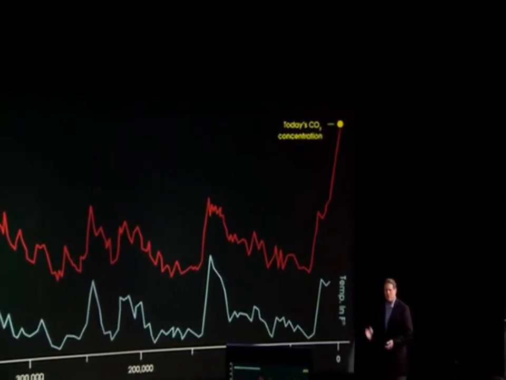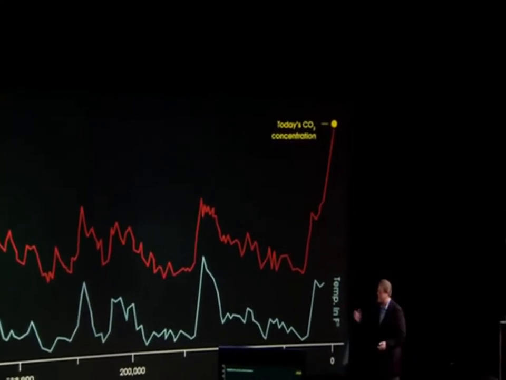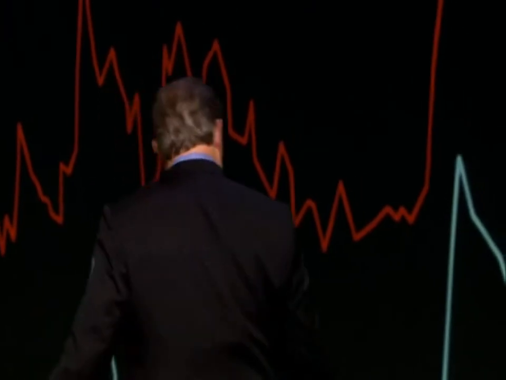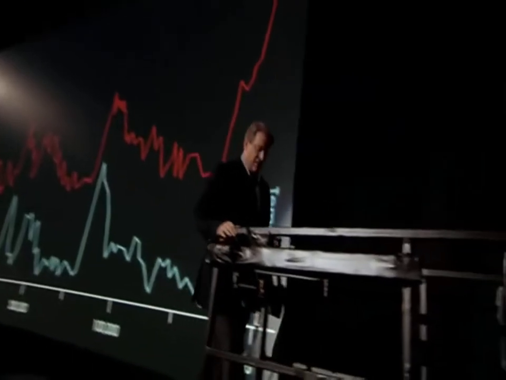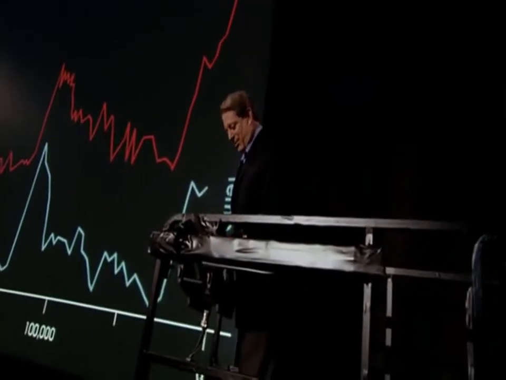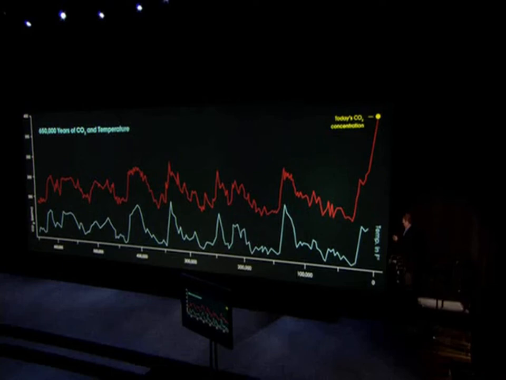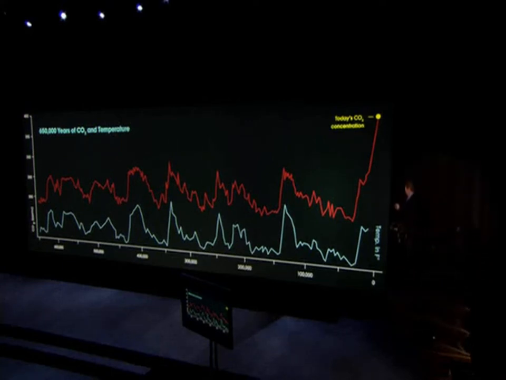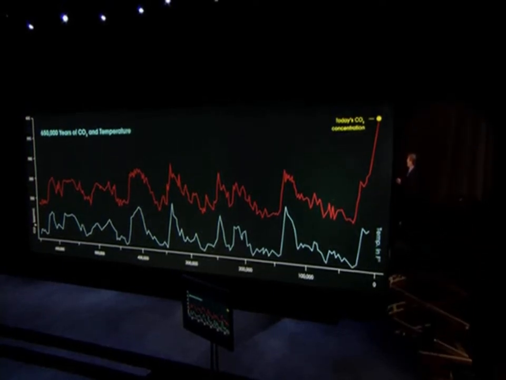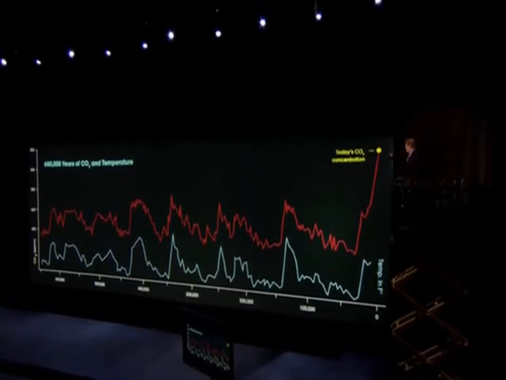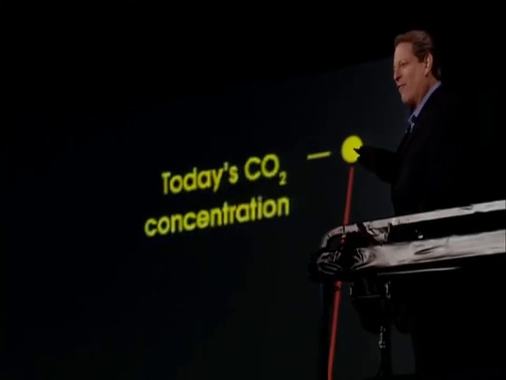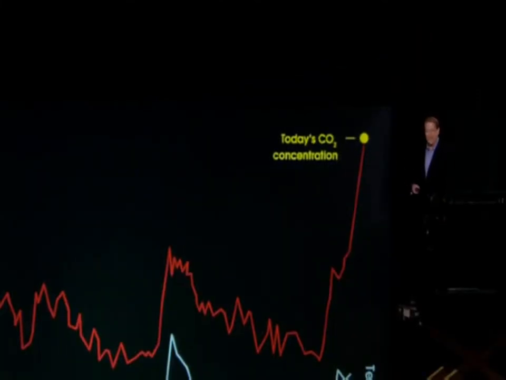Way above where it's ever been as far back as this record will measure. Now, if you'll bear with me, I want to really emphasize this point. The crew here has tried to teach me how to use this contraption here, so if I don't kill myself, I'll... It's already right here. Look how far above the natural cycle this is, and we've done that.